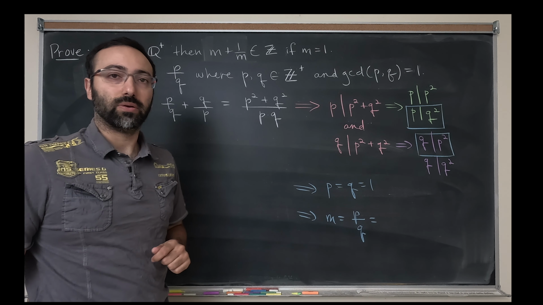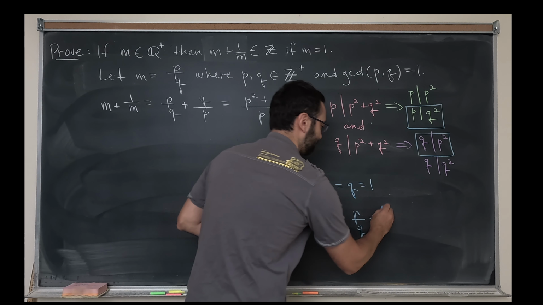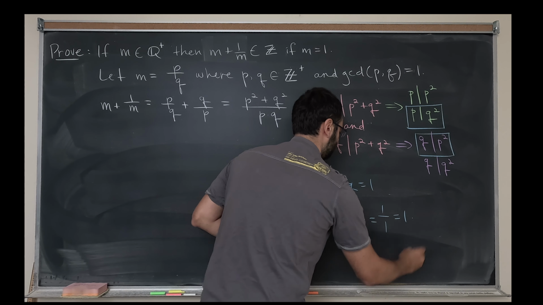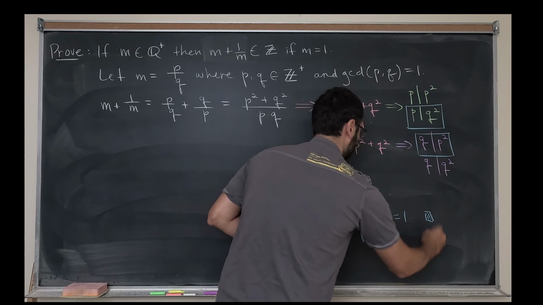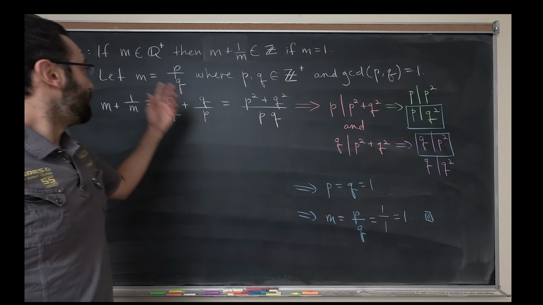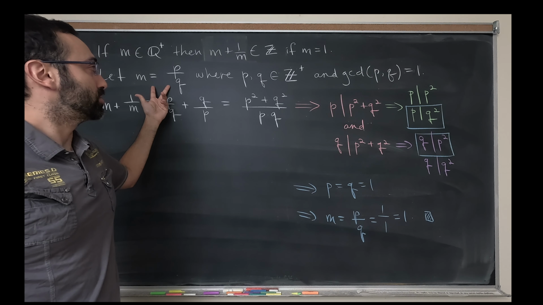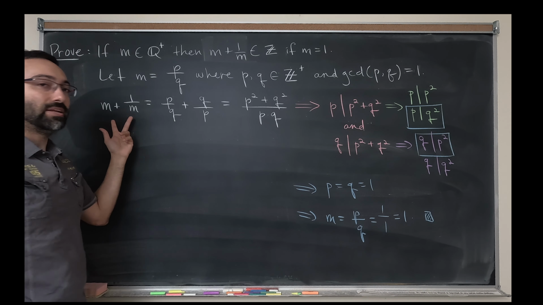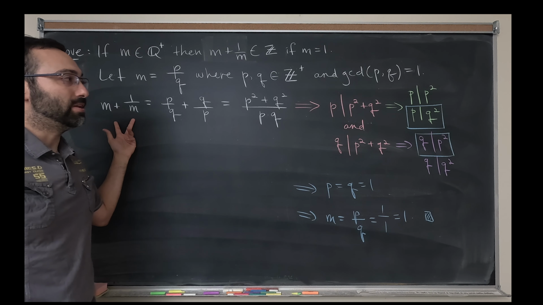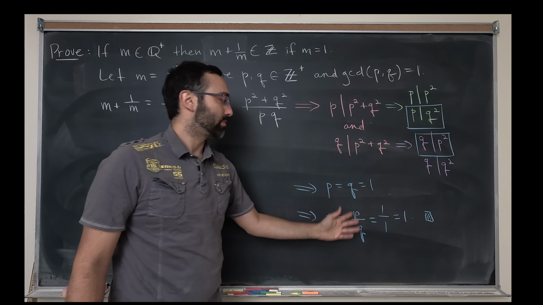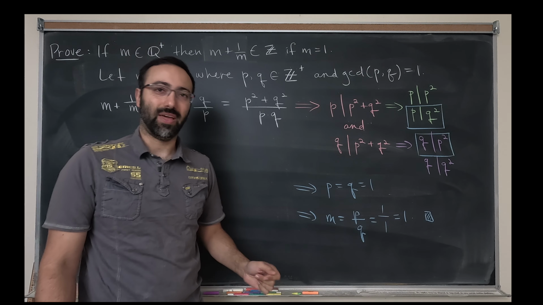And that's 1 over 1, or just 1. So indeed, if m is a positive rational number, then adding it to its reciprocal turns out to be an integer only if m is 1. And that completes our proof.